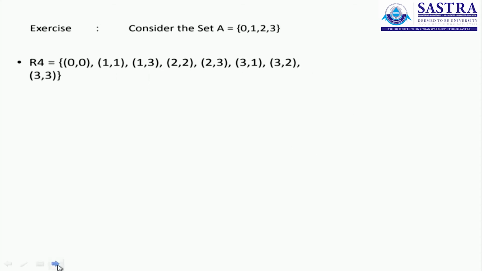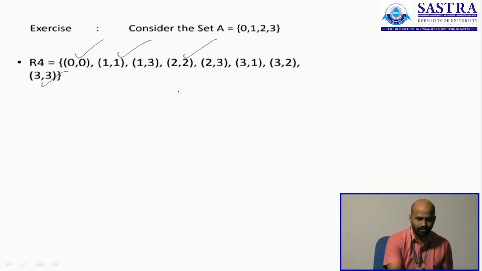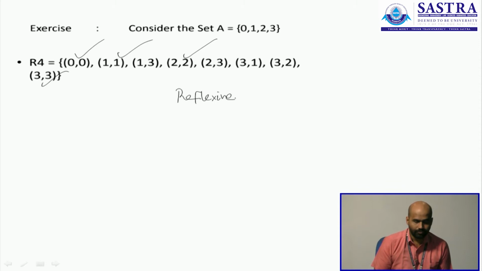Look at R4 here. R4 has 0, 0, 1, 1, 2, 2, 3, 3, alright. So it is reflexive. Can we call this symmetric? You cannot, because of course you can. It seems you can.